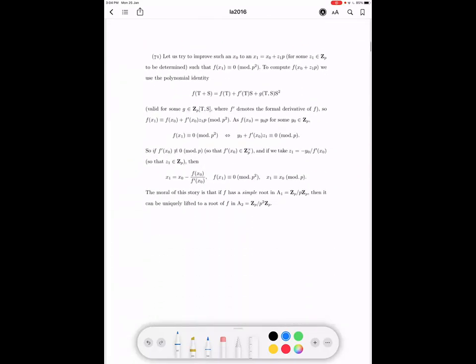Now, suppose I have such a thing. I have an x naught such that f of x naught is equal to 0. Not equal to 0, it's congruent to 0 modulo p. If it's equal to 0, I found my root. There's nothing to do. I'm trying to find a root. And so suppose I have found something such that f of x naught is divisible by p. f of x naught is congruent to 0 modulo p.